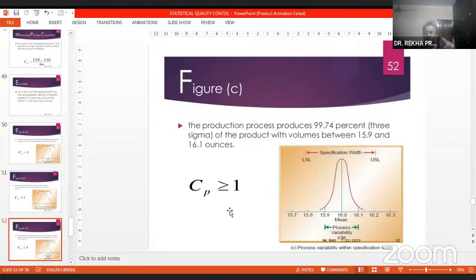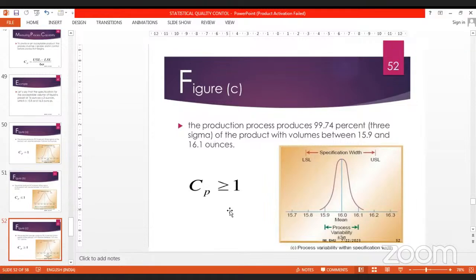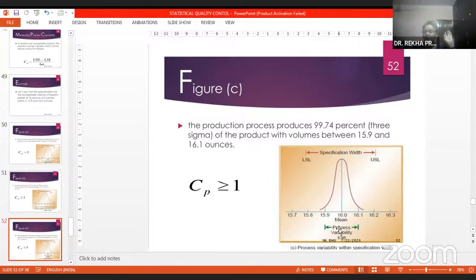If the production is between 15.9 and 16.1, हाँ, तो also you accept it, क्योंकि ठीक है आपका ऐसे था 15.8 and 16.2, वो उसके विदिन ही है.